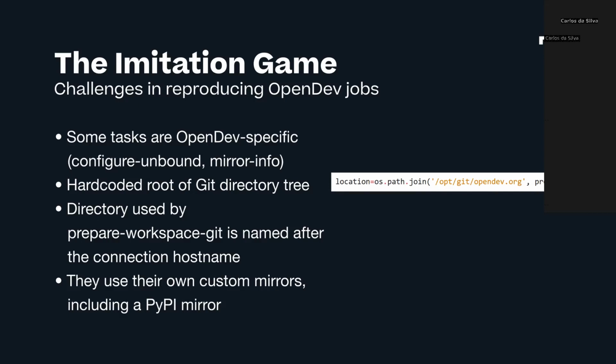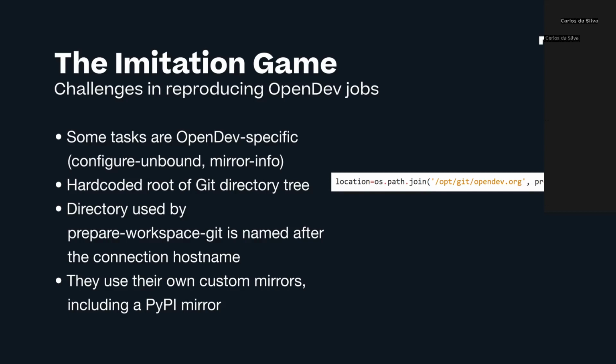Let's say that the Gerrit server that you're running isn't opendev.org, which isn't actually the domain that hosts Gerrit, it's the domain that hosts Git. The domain that hosts Gerrit is review.opendev.org. But anyways, you get the idea. So if you use another Gerrit server, you have a problem because Zuul will try to look for the DevStack related repositories like Neutron, Nova, Cinder, Manila in another folder that doesn't have opendev.org in the path.